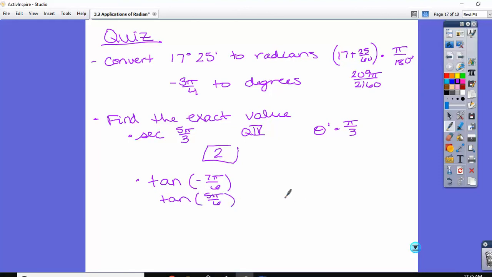5 pi over 6. What quadrant is 5 pi over 6 in? Quadrant 2. Reference angle would just be pi over 6. Pi over 6 is the same as what degree measure? 30. In quadrant 2, is tangent positive or negative? Negative. And then tangent of 30 would be radical 1 over radical 3. So radical 3 over 3.